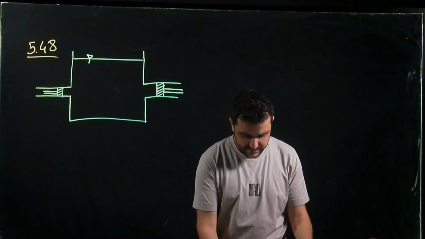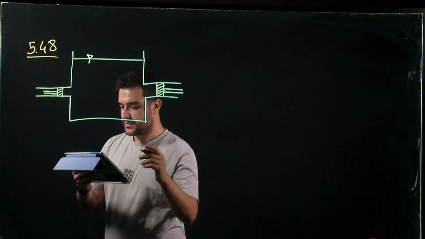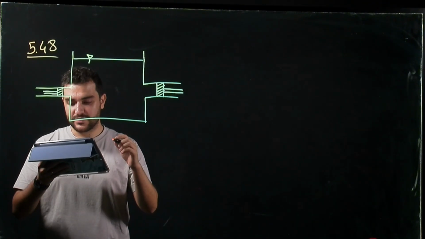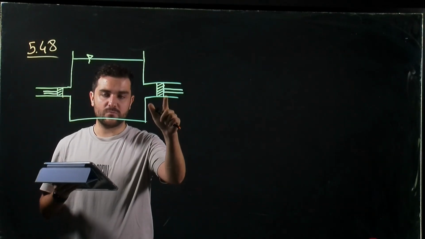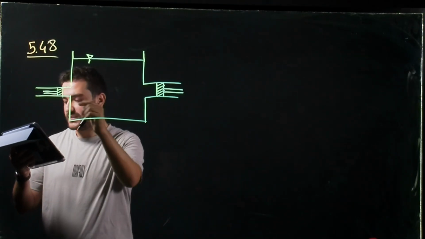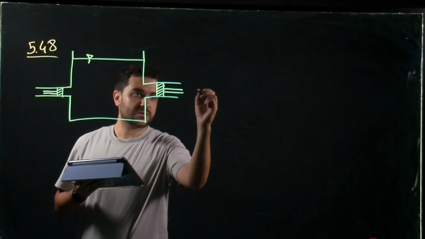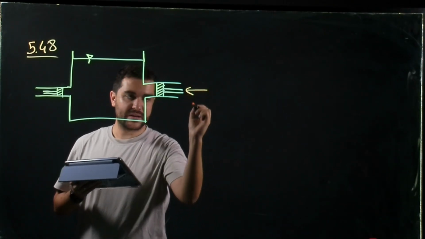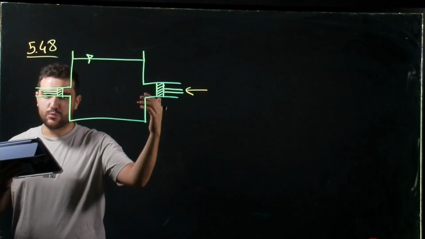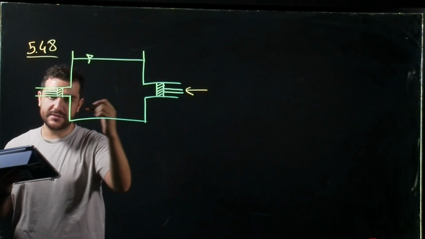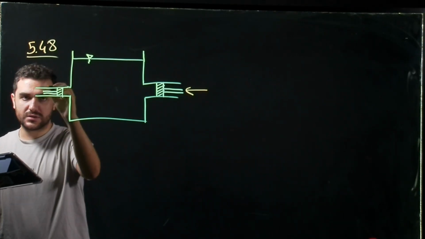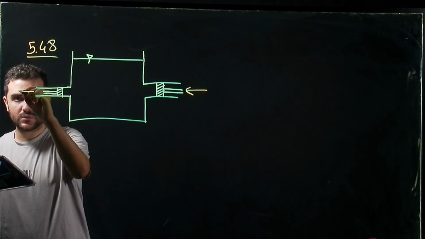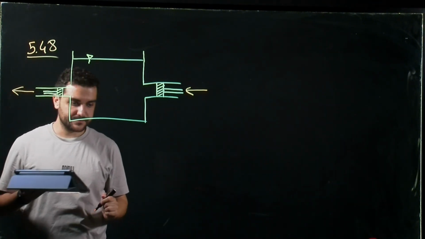We have pistons, and these are moving to the left. So we have one piston and we have another piston here. So this means we have a movement from right to the left, and we also have another one to the left.